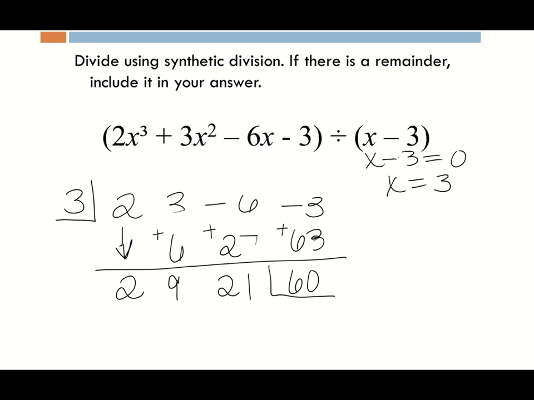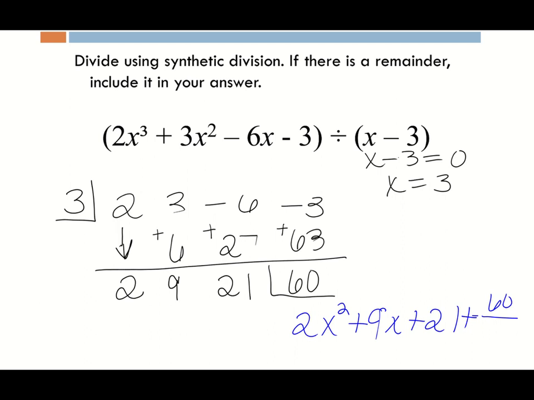It doesn't divide in evenly, but when we divide by x minus 3, our quotient here is 2x squared plus 9x plus 21, but since we have to account for our remainder, we have plus 60 divided by, when we're writing out our final answer, we're looking at our original problem, and we're dividing by x minus 3.